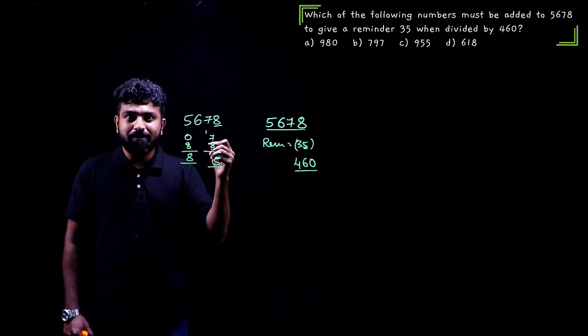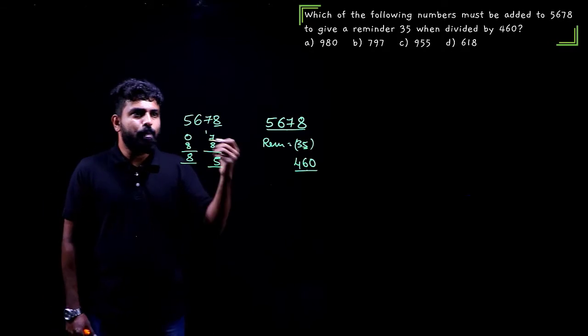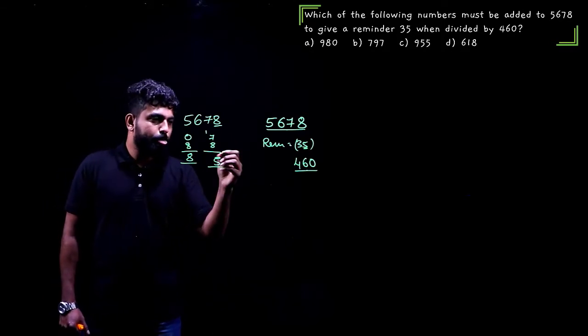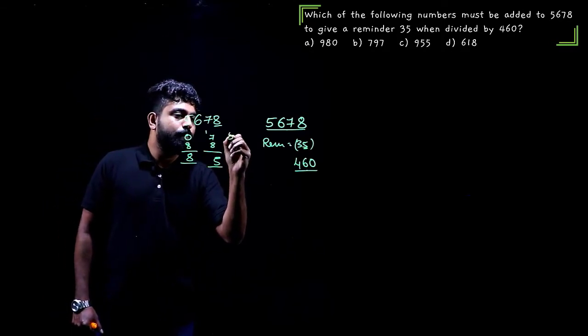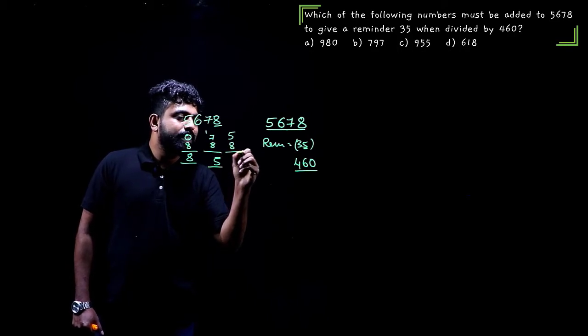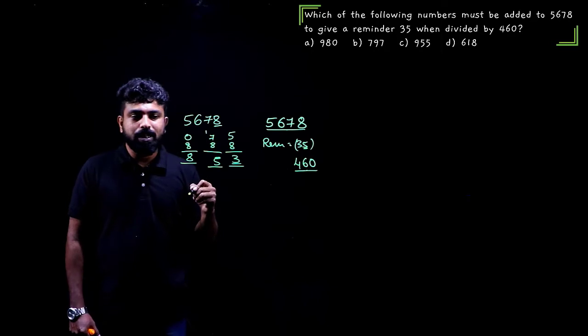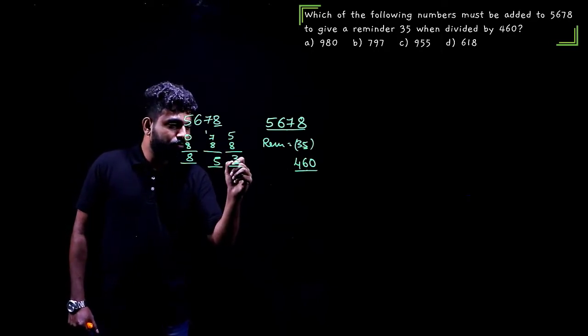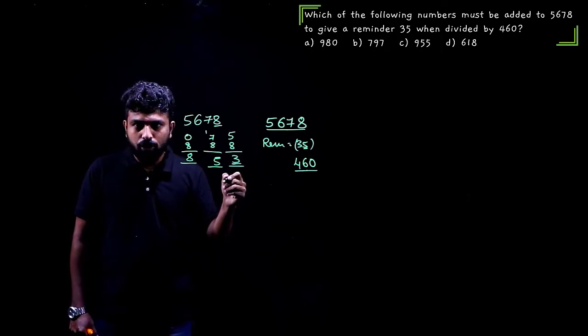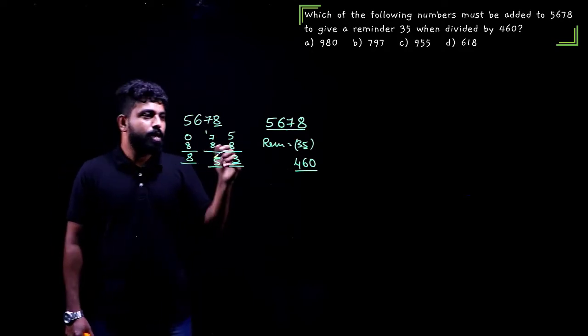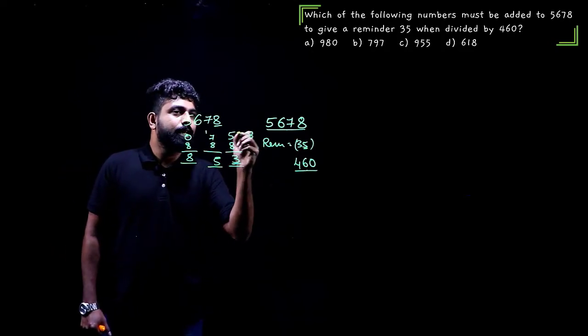Let me verify with other options as well. My next option is 955. So I'll be adding 5 to 8, which gives 13, which is 3 in my unit digit. Again it is not 5, hence this option doesn't hold good. What about my final option? Final option is 618.